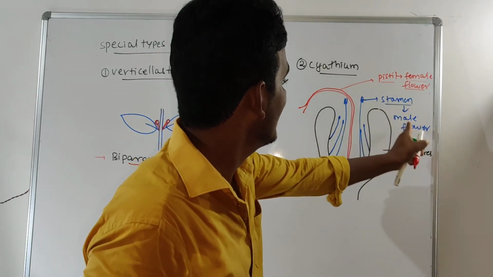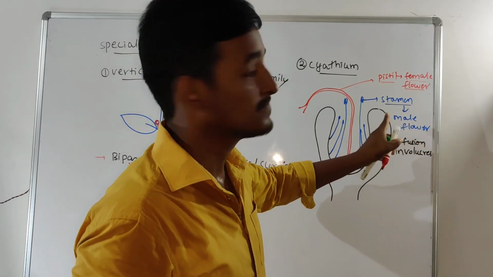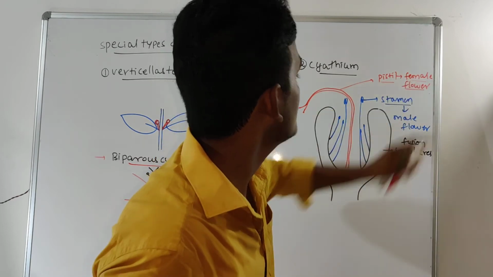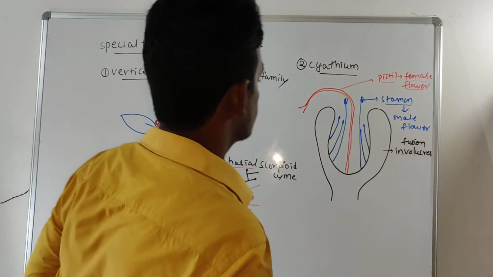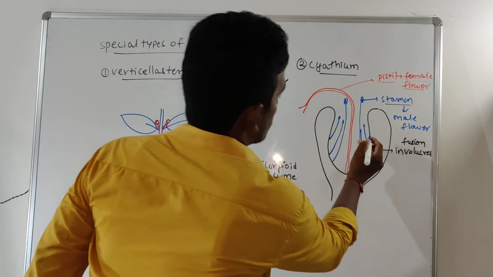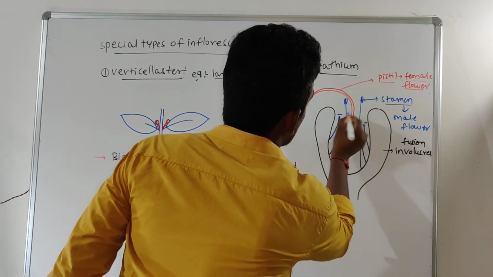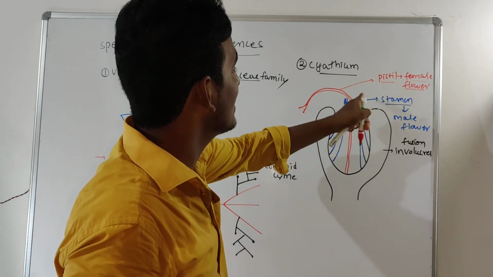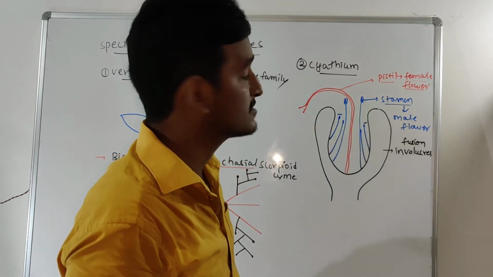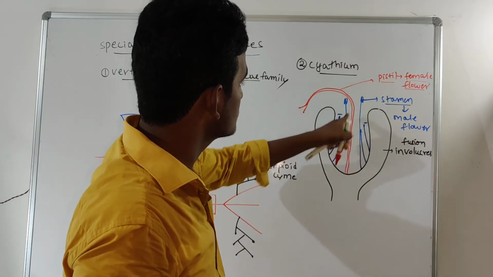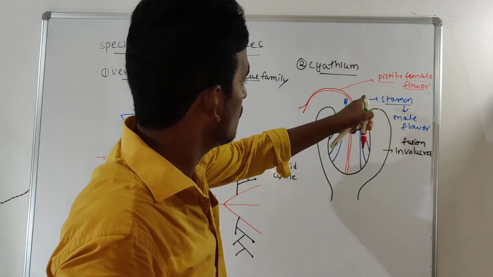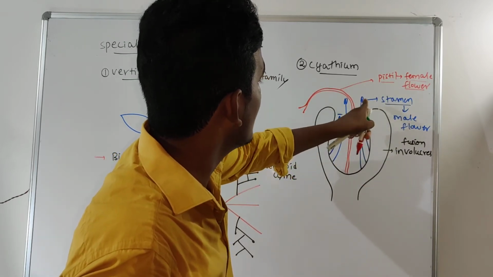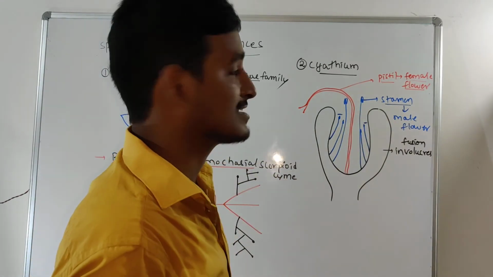They are covered around by the female flower. The stamens in the center portion mature earlier than the stamens in the periphery region. Because of early maturation, those stamens are present towards the outside.